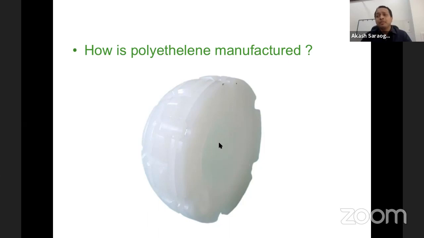Which is the best way to make a plastic? It is called direct compression molding, DCM. What it does, you've got an exact mold with the shape of the plastic. You're pouring the powder, you're heating it and pressurizing it and forming the exact shape, exact size with that mold. This is direct compression molding.